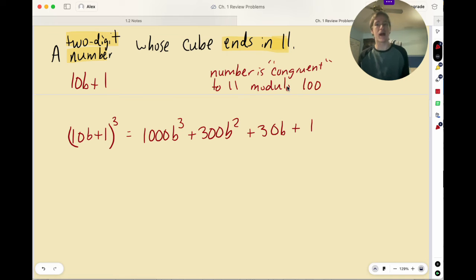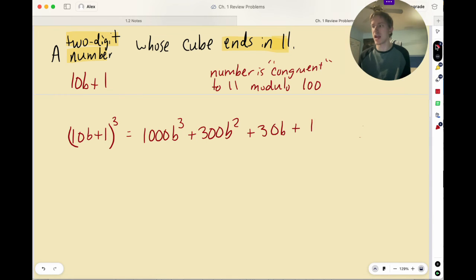So after dividing by 100, you get a remainder of 11. Okay, so let's look at 211. If I divide that by 100, I get 2 with a remainder of 11. So that's what it means to end in 11. That means when you divide it by hundreds, that you get a remainder of 11. Okay, so we can put that into number theory terms in a second.